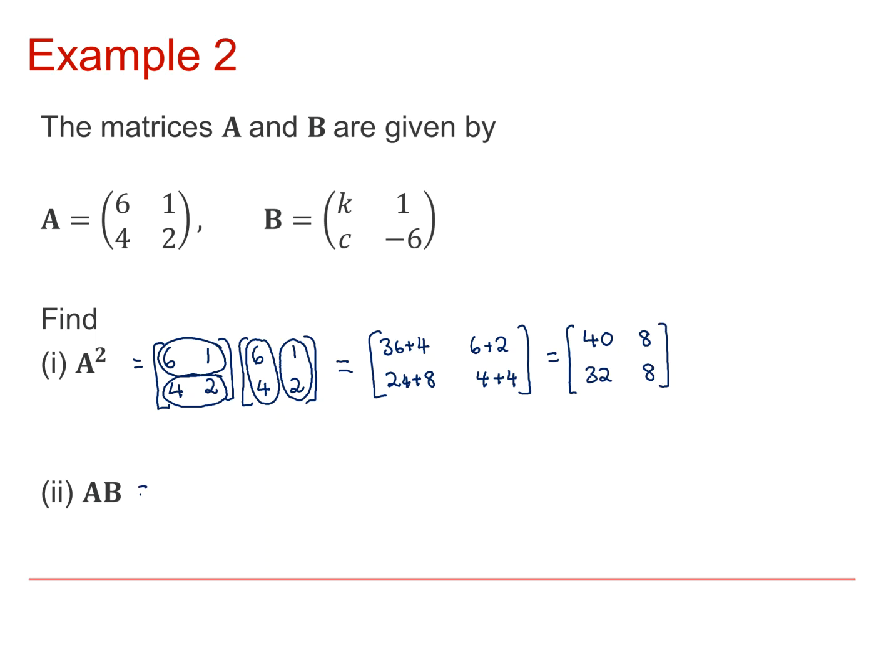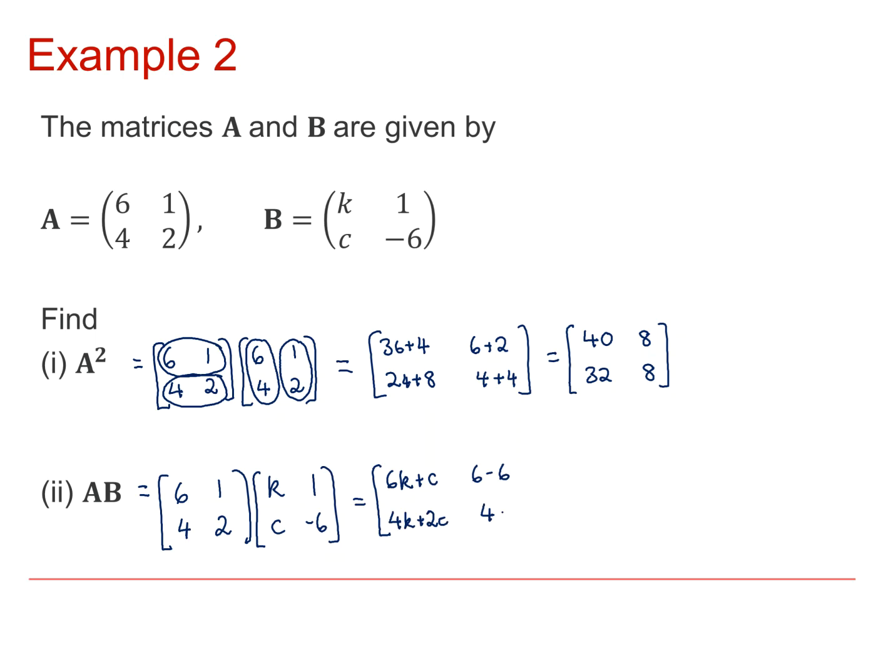Have a go at AB. This time I've got some letters involved. That doesn't matter, we just use normal rules of algebra. So I've got 6k plus c, and then 6 minus 6, and then 4k plus 2c, and then 4 minus 12.